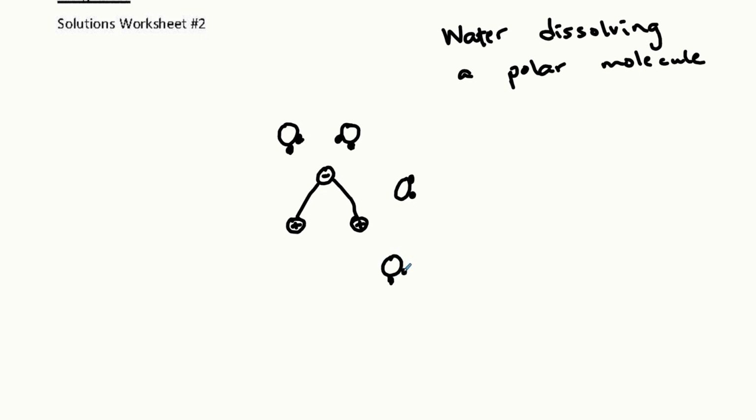So the negative part of the water is now attracted to this positive end, kind of in this fashion. That's why polar substances dissolve in polar water, because it's opposite charges attracting that pulls the molecules away, and this is how the water molecules would orient themselves.